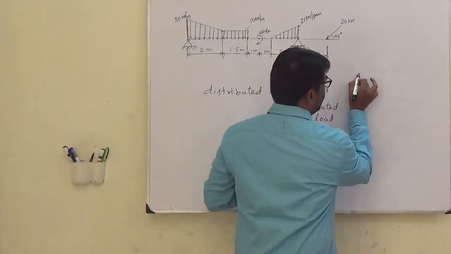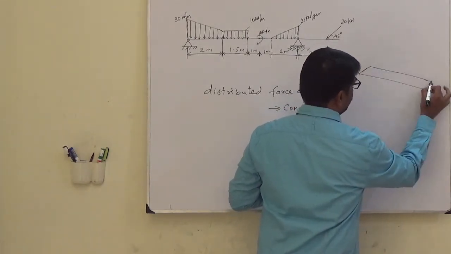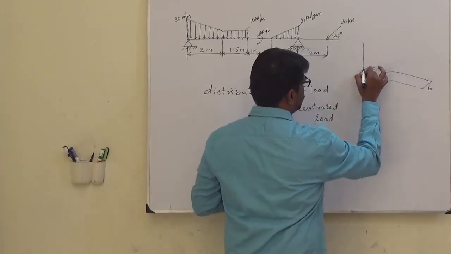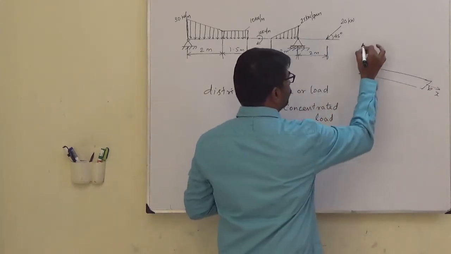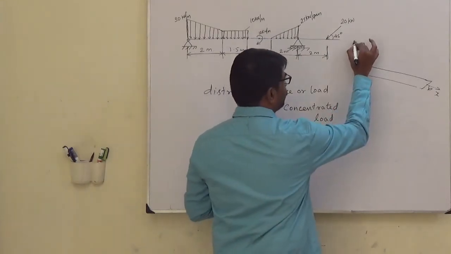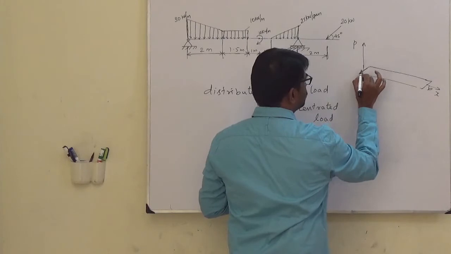Assume a beam having width, and you draw, so this is the x direction, and draw some pressure. This is the pressure, and the force is distributed.